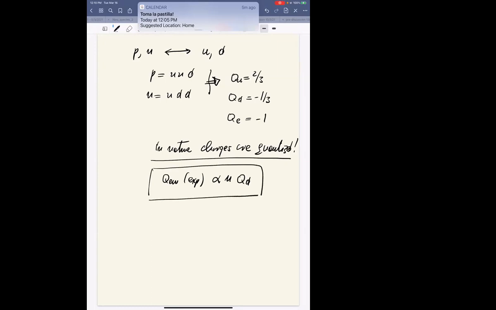By the way, we often say that there are fractional charges. This is just a funny language, because we started with the electron to be -1. There are no fractional charges. All charges are integers of the minimal charge, which is the charge of the down quark. It's just because we started with this that it looks fractional.